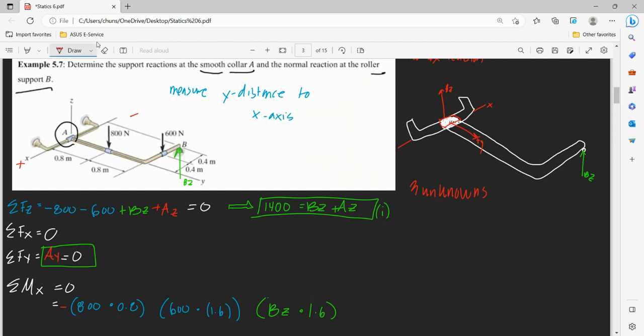So again, if we do that for our 600 force, our hand's going to point down with our 600. We're going to curl our hand.